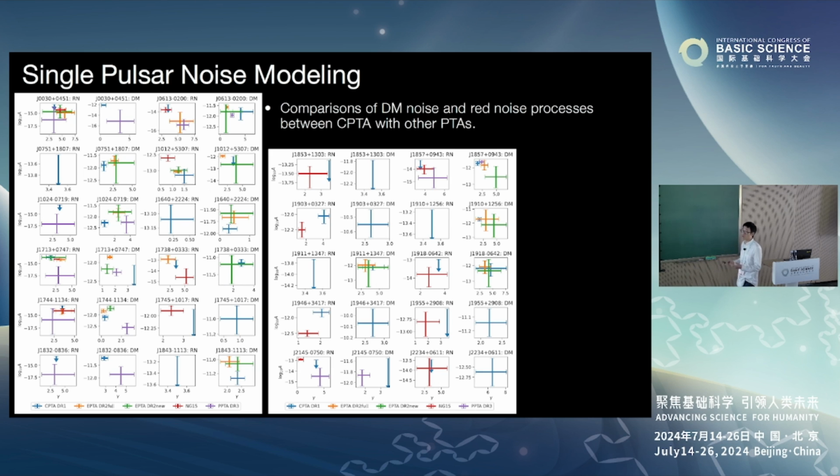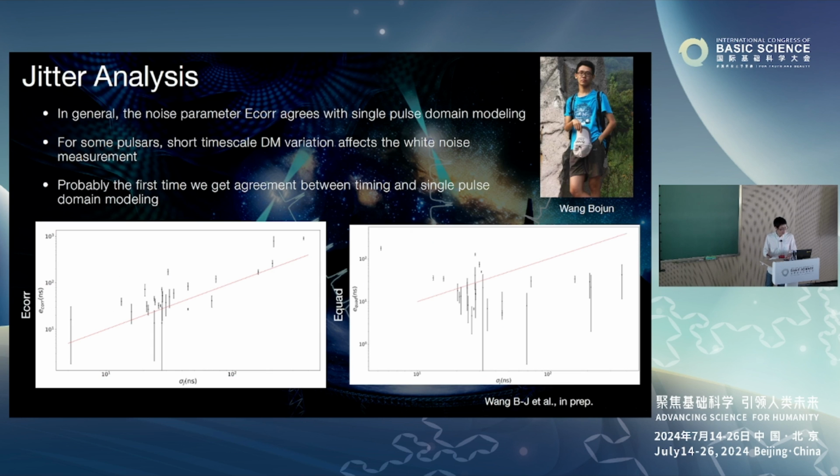If you compare the 2D contours, they are more or less consistent. Another reason may be that the CPTA data is more recently collected, and for other PTAs the data was collected earlier, so there may be other non-stationary processes in the noise processes behind the pulsars. But basically the noise analysis results between PTAs are consistent.